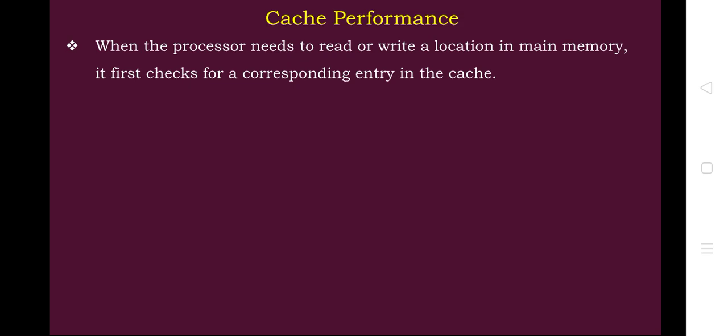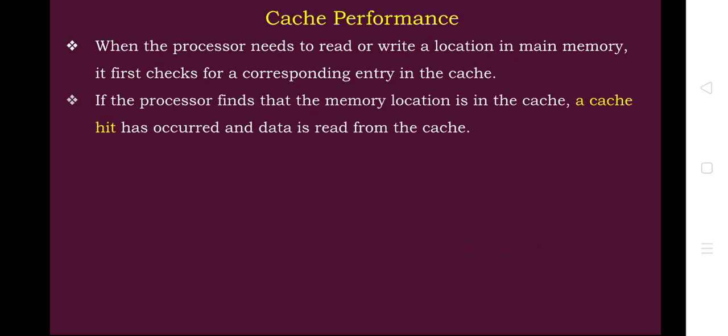So when it needs the data, it first checks whether it is in the cache memory. If it is not in the cache memory, the system will bring the data from the main memory to the cache memory.